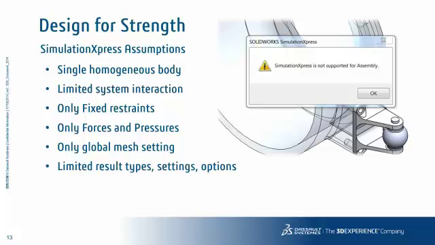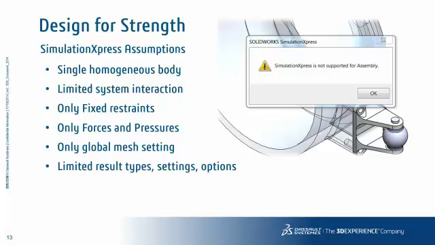Of the assumptions that we make, the biggest one that I always run into as soon as I want to do a more complicated system or an assembly is that SimXpress expects a single homogeneous body, one single part. And that's hard to do sometimes, isolating one part out of our assembly. Like my bracket here, I can't just take out the bracket, because what about the interaction with the other components? So what we end up doing is combining them all together into one body, saving as one part.